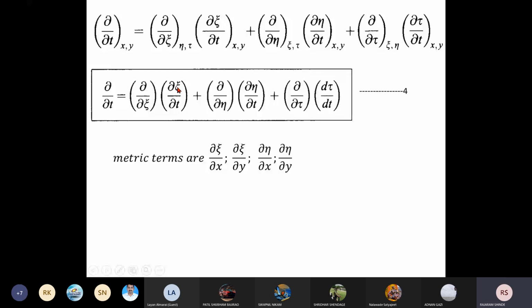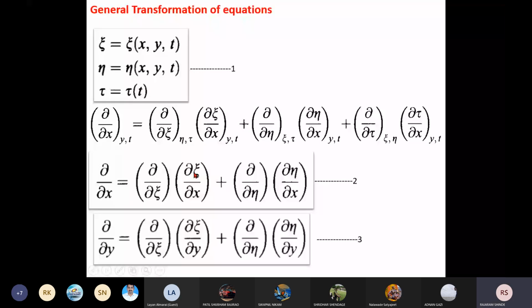You can see here the derivative of the new coordinate with respect to the older coordinate, here also with respect to the older coordinate, and here with respect to time.